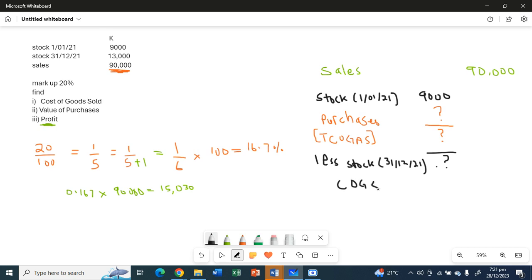So the cost of goods sold, again, here we do not know. And then when you deduct sales minus cost of goods sold, that's how you get your gross profit, which is 15,030 here.